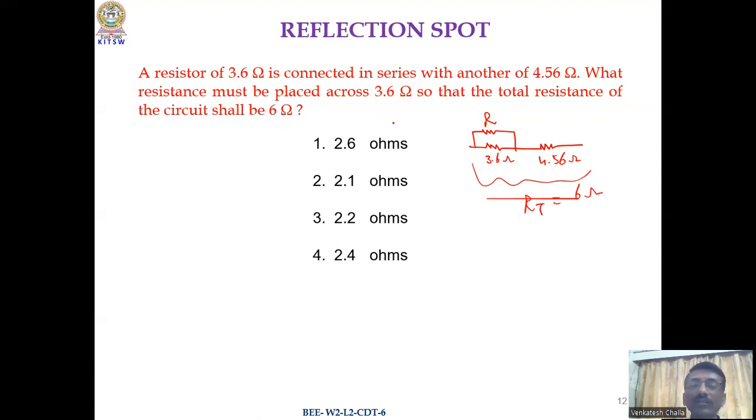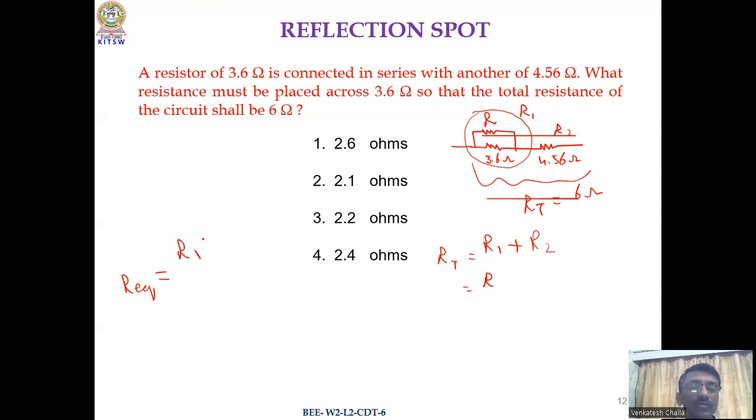What is RT now? This parallel combination I can reduce into a single resistor. If I call this one R1 and this R2, RT will be equal to R1 plus R2. But R1 is two resistors in parallel. For parallel connected resistors, R equivalent is equal to R1 into R2 divided by R1 plus R2.